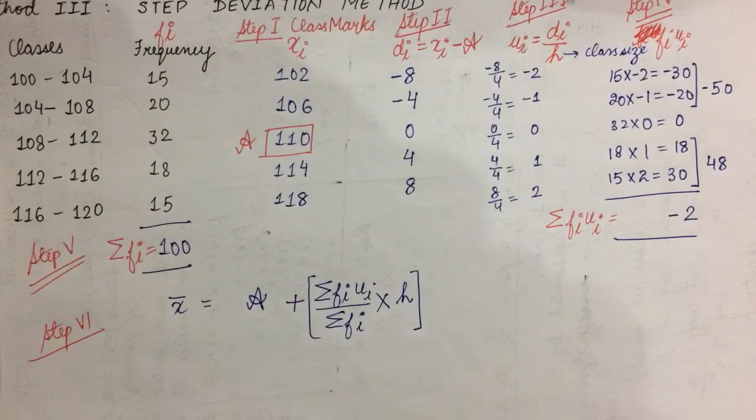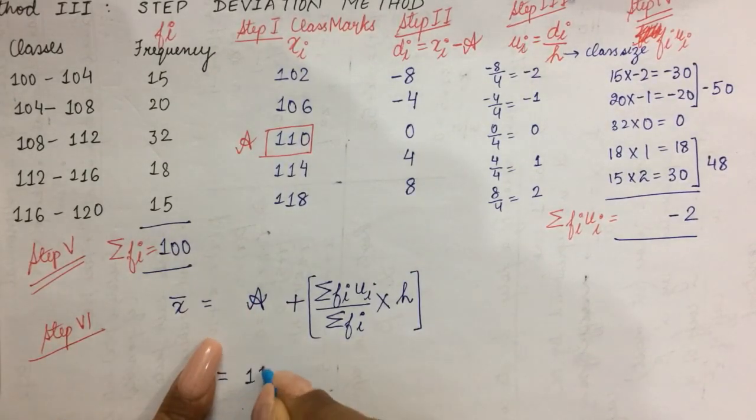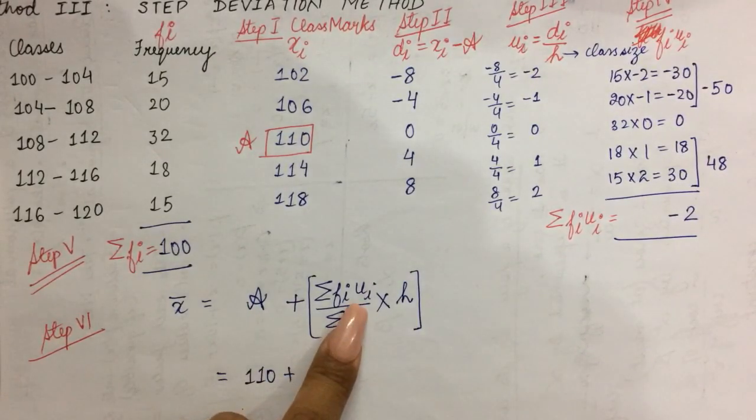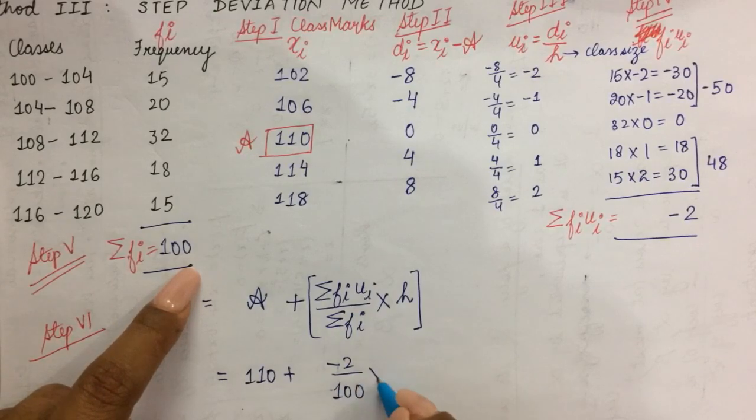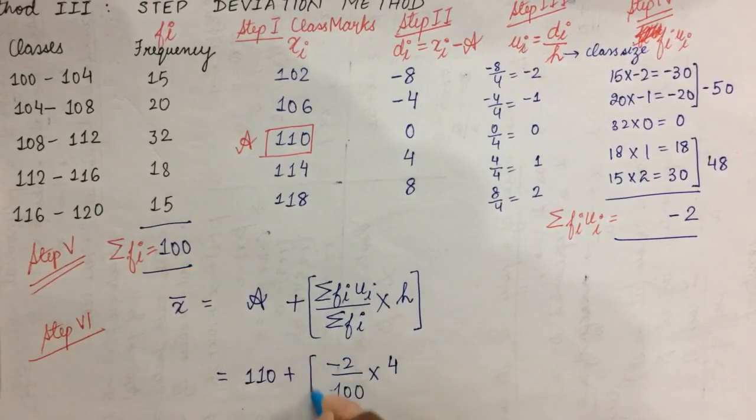Let's use the values and find our answer. Assumed mean was 110 plus the total of Fi Ui is minus 2 over the total of the frequencies is 100 into the class size is 4. Solve this. Rather than simplifying, I'm going to use the 100 to obtain a decimal number.